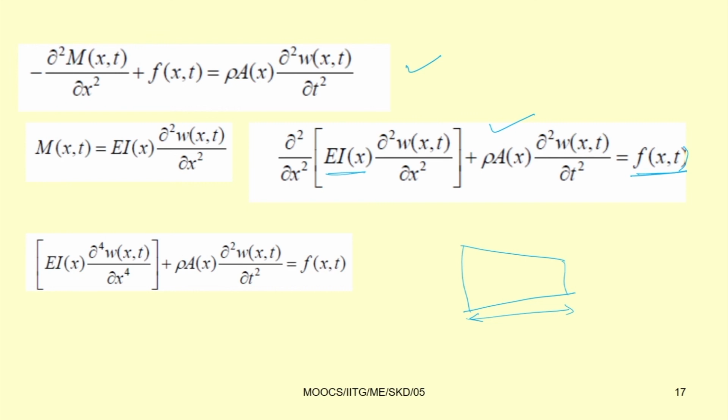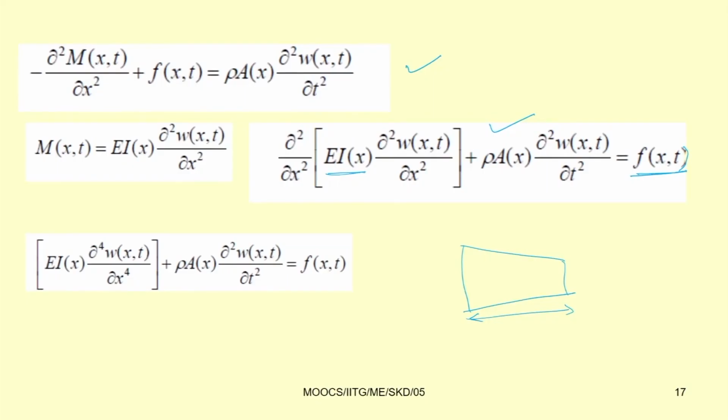Now, if both E and I are uniform, that is constant, then EI can be taken out and it reduces to the simpler form, the Euler-Bernoulli beam equation: EI ∂⁴W/∂x⁴ plus ρA ∂²W/∂t² equal to f(x,t).